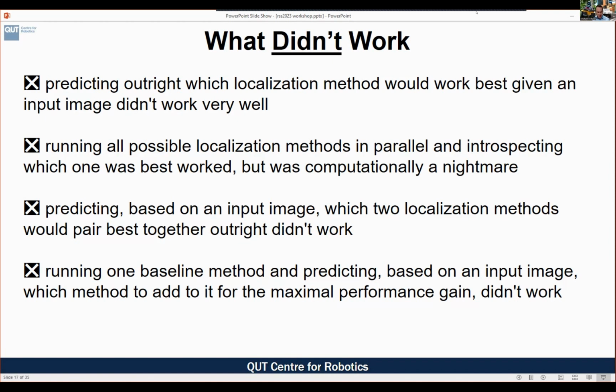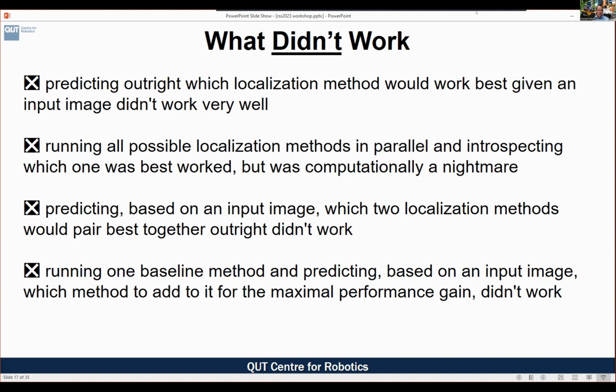One of the ways that does work, but is computationally intractable, is you run all your localization methods in parallel, and then you introspect which ones are working well, and you choose to use those ones. That works, but is computationally a nightmare because you're running 10 or 20 localization methods in parallel, which is not really feasible for a commercially deployed system.